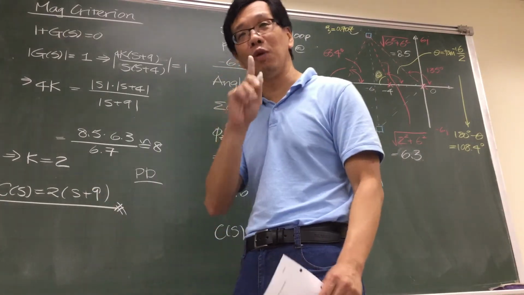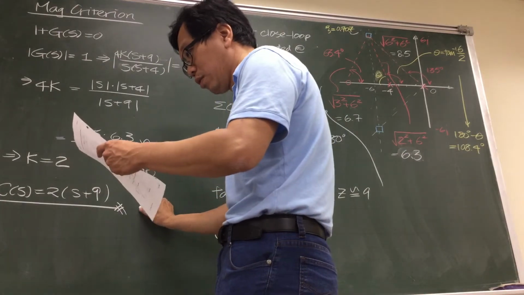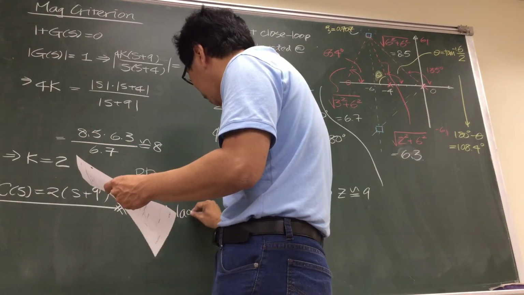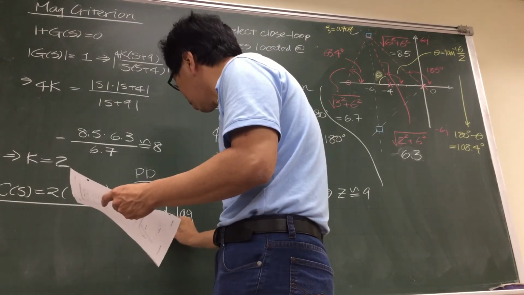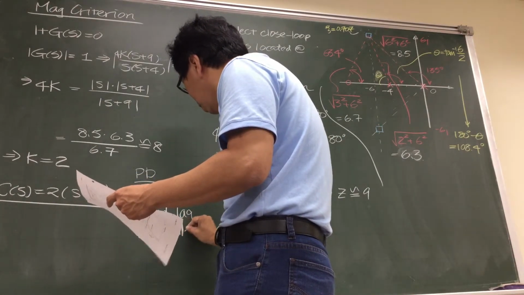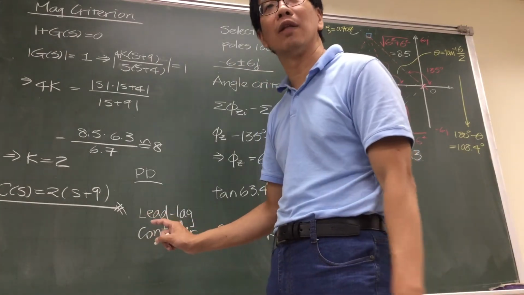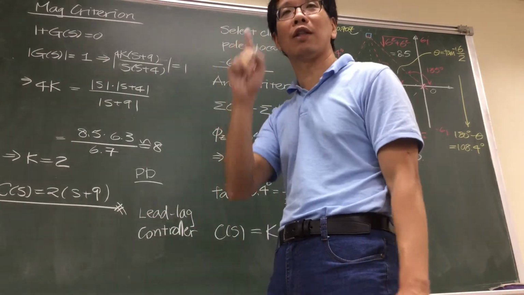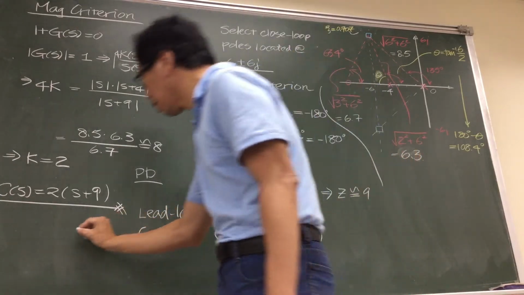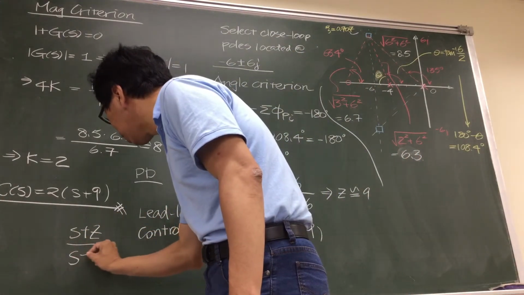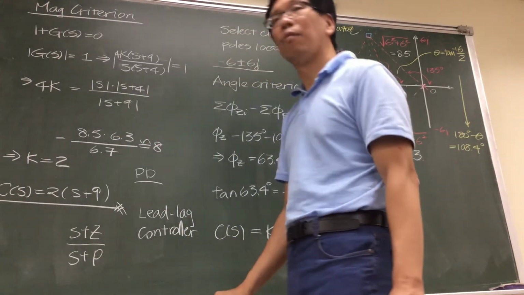So in that case, we would like to use something we call a lead lag controller. This one has a specific format, just like what I said. We like to have PD, but we also need to have a pole.